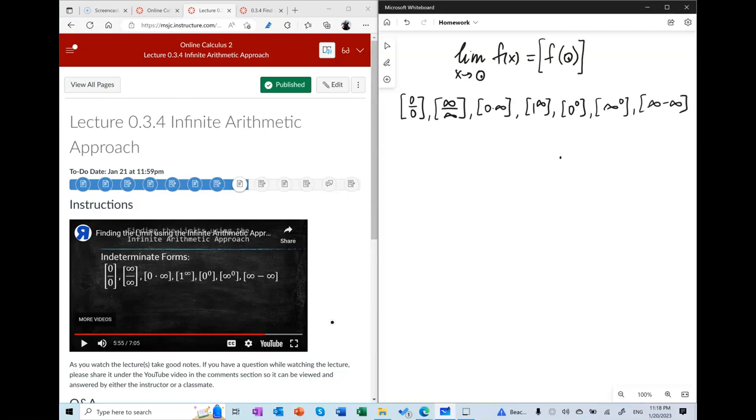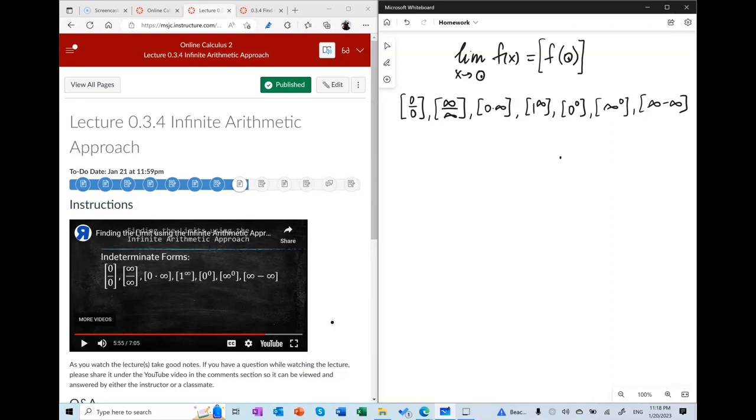That is, I can give you a problem of type 0 to the power 0 that has the answer 5, or the answer infinity, or the answer negative infinity, or the answer 0. So this type of problem requires special attention.